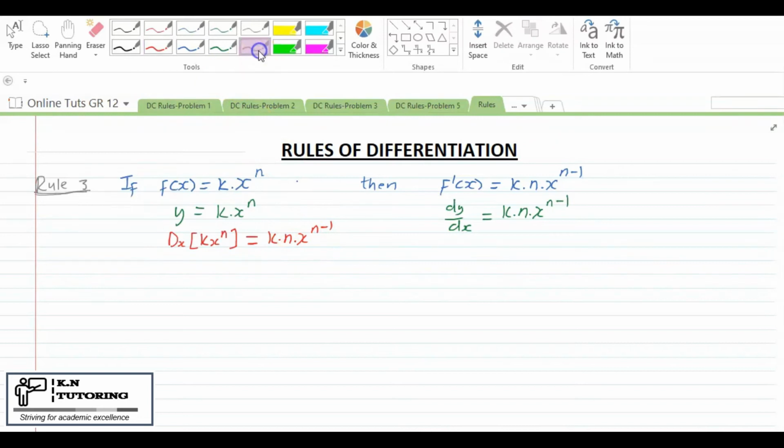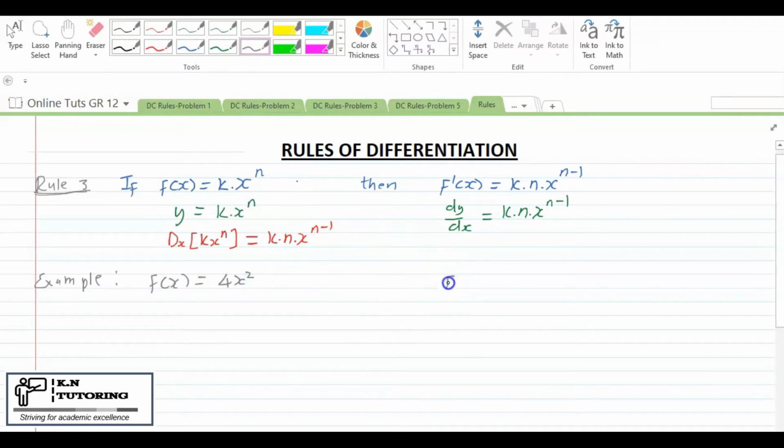Okay, let's have a look at an example. We've got f of x is equal to 4x squared. So what will be the derivative?